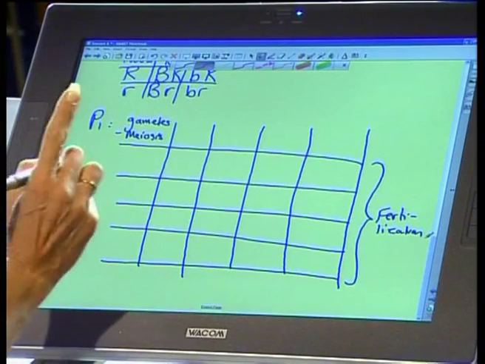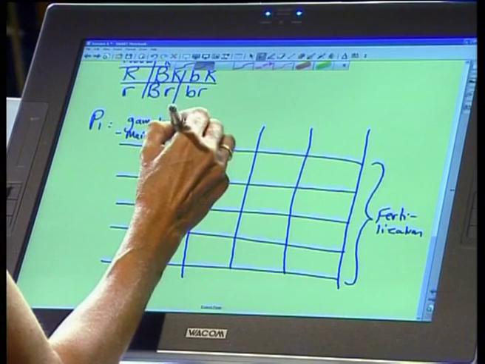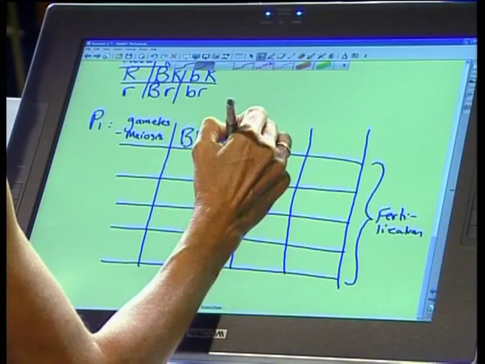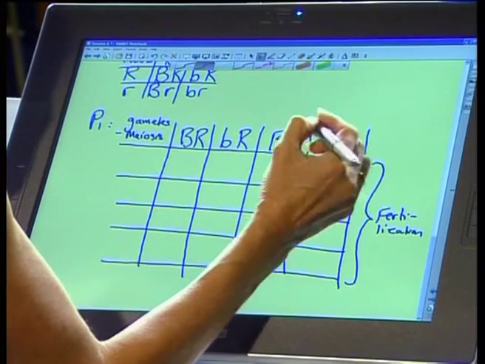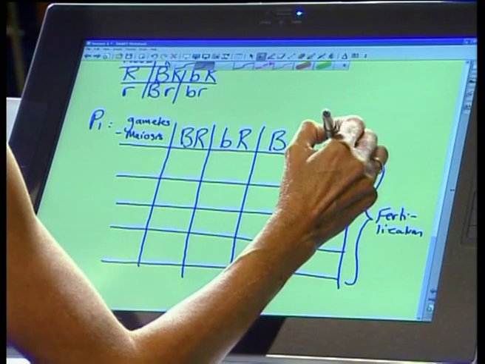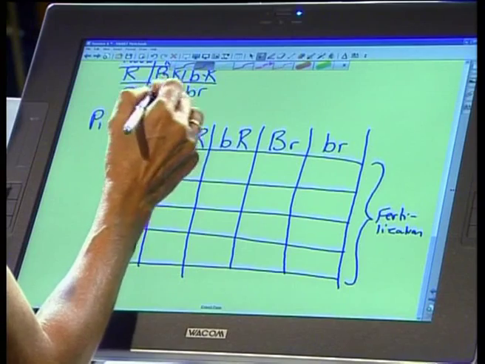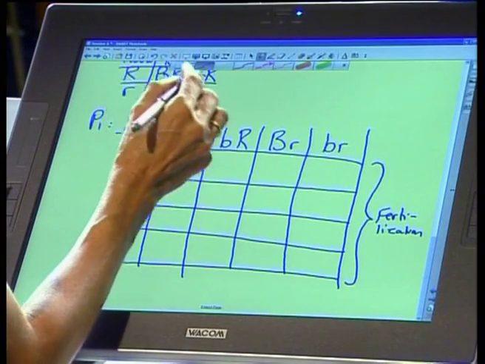All right, now keep your head about you. We're going to have capital B, capital R, small b, capital R, capital B, small r, or small b, small r. I've just gone the top two, and then I've gone the bottom two. It doesn't matter what order you write these in.